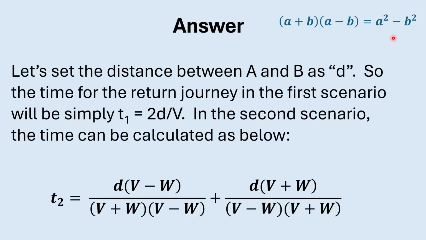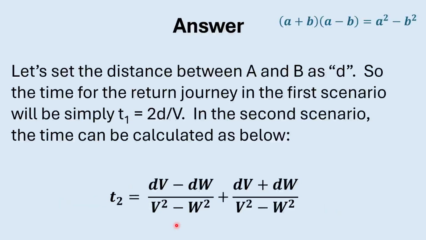This relationship is very important, particularly for its reverse use when you want to factorize a mathematical expression. Anyway, the bottom of this fraction is equal to v squared minus w squared, and for the top, you can open the brackets. So T2 is equal to dv minus dw divided by v squared minus w squared, plus dv plus dw divided by v squared minus w squared.